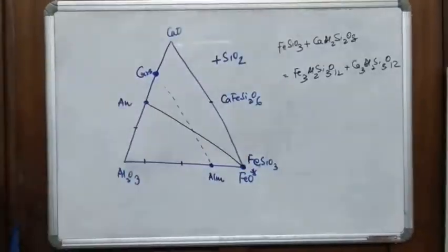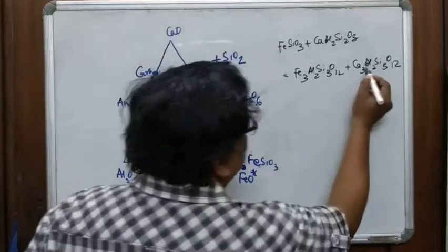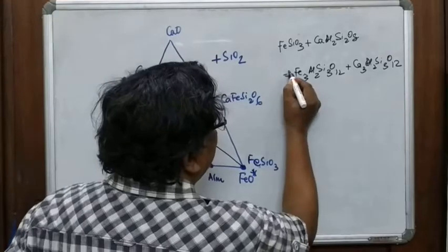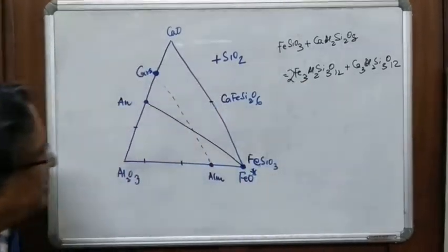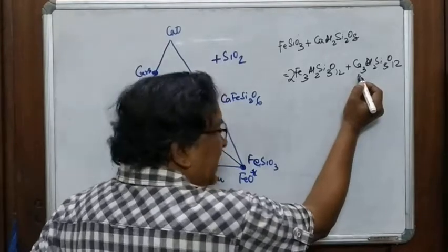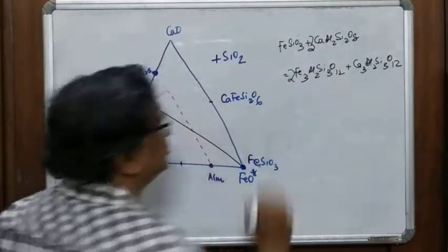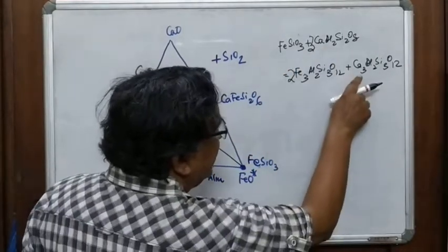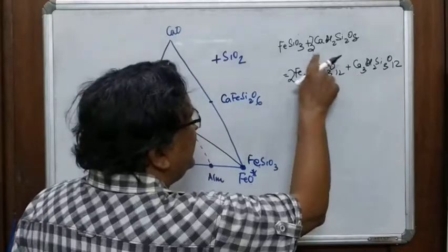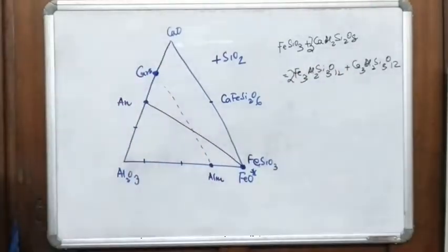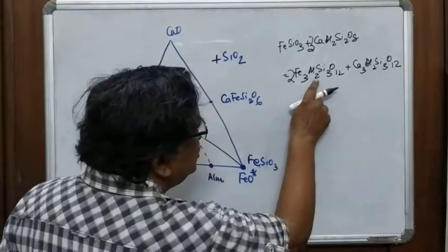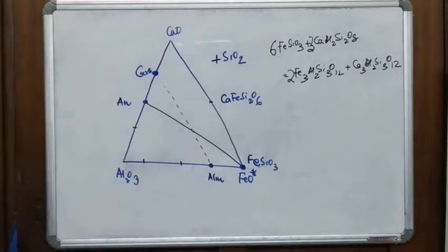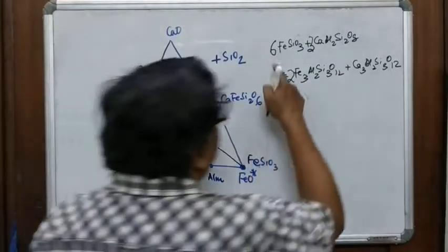Now, if we balance it, you see there are 2 aluminium and 2 aluminium. Because I have to take in 3 calcium, I write 3 anorthite. So if I write 3 anorthite, then 3 Ca and 3 Ca is balanced. Aluminium, 3 into 2 is 6 aluminium. Here you have 2 plus 2 into 2, 4 aluminium. That means I have to write 6 FeSiO3. Now let's see silicon.